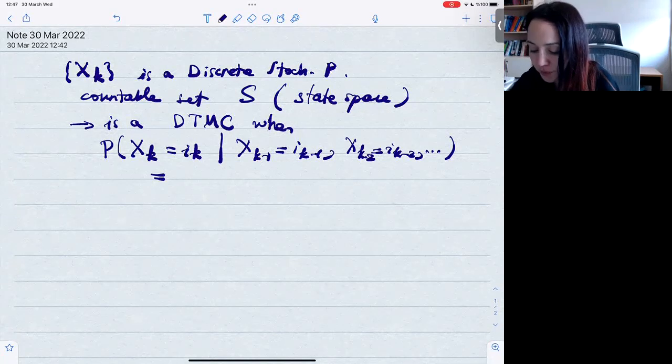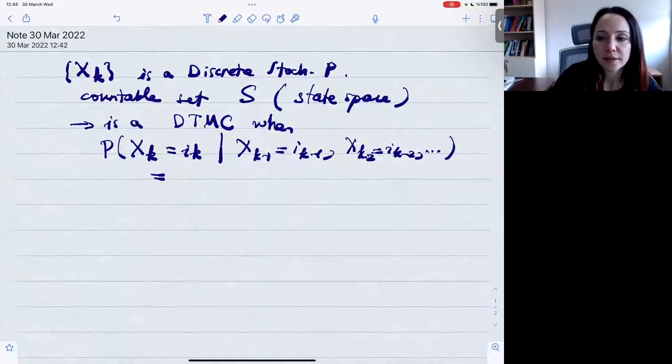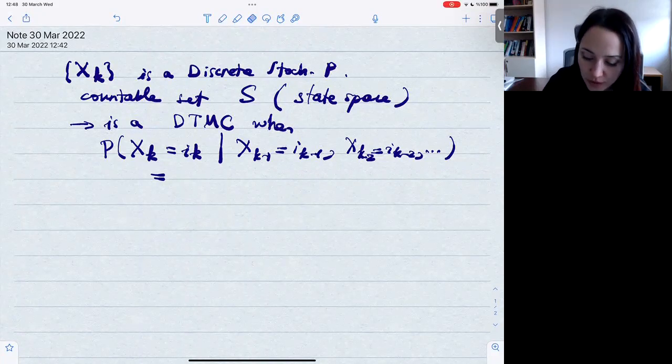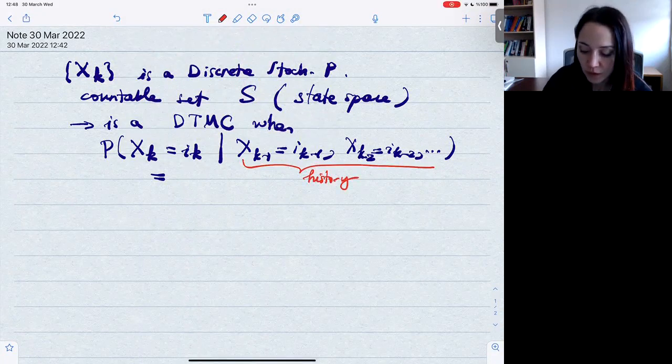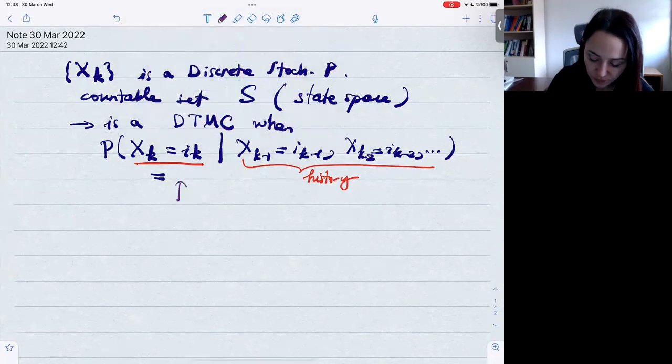So given the previous value attained by this process and the one before that, especially given the whole history of the process, the distribution of the next value attained by this process is given by the distribution conditioned basically on the immediate past.